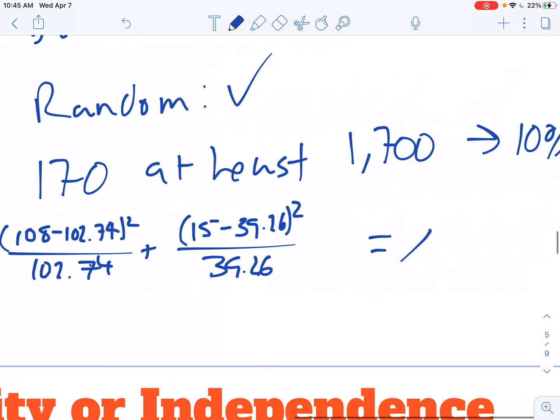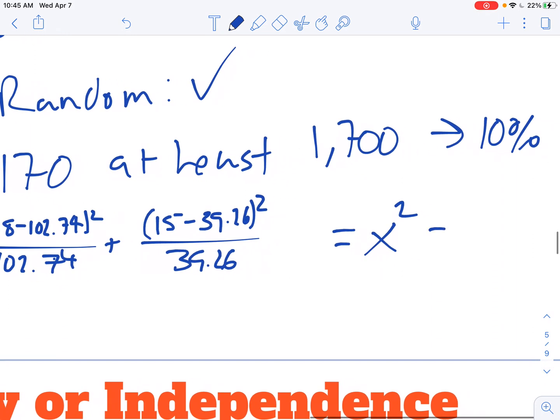Once you do that, you're going to get a chi-squared value of 5.911.